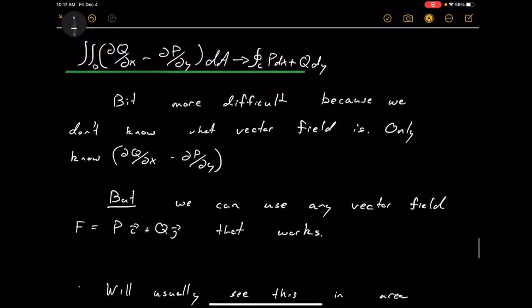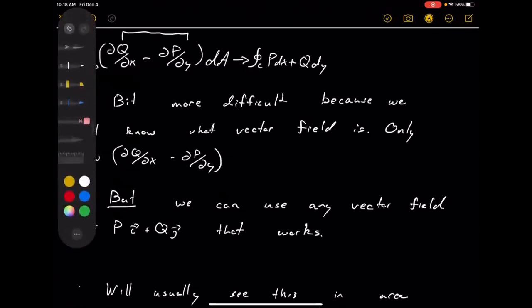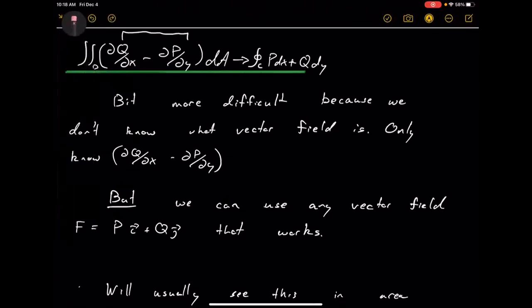It's going to be a bit more difficult because we're going to be given this, and we're not going to be told what P and Q are, right? So figuring out P and Q from the derivatives could be a little weird. But the nice thing is, maybe there are a lot of possibilities for vector fields that have these derivatives. The good news is I could use any one of them that works.